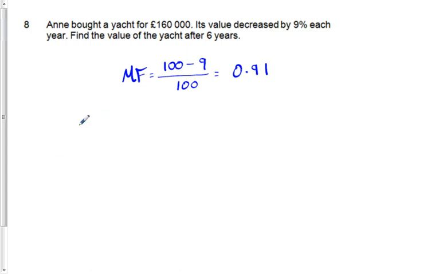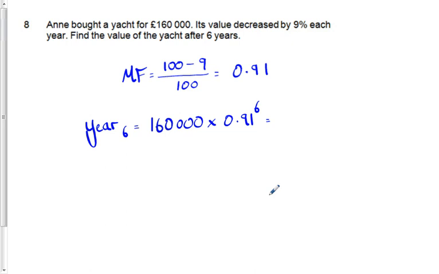So we can do that by saying that in year 6, the original cost of the yacht, the 160,000, will have been multiplied by 0.91 6 times, so we can say that to the power 6. This will give us our new amount, and we can use our calculator for this. So 160,000 multiplied by 0.91 to the power 6.